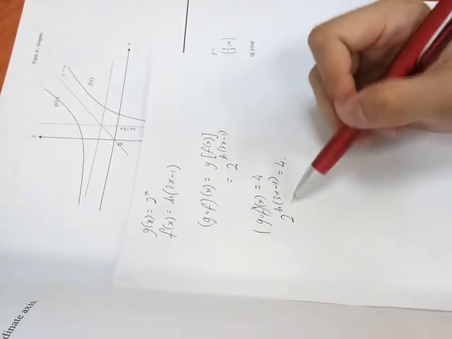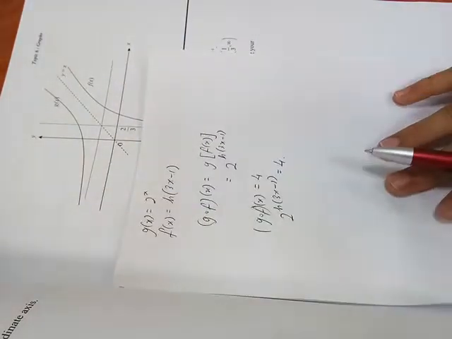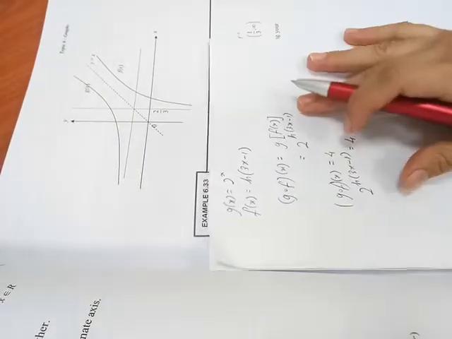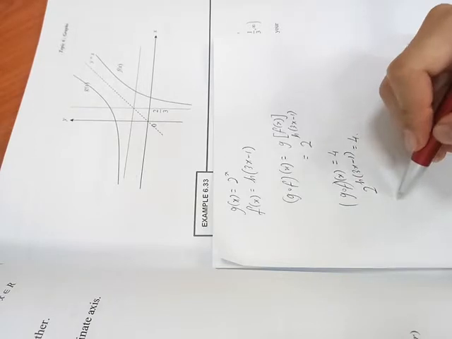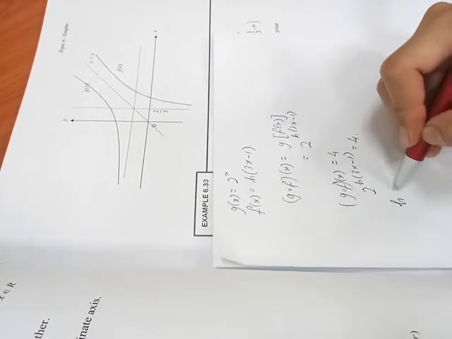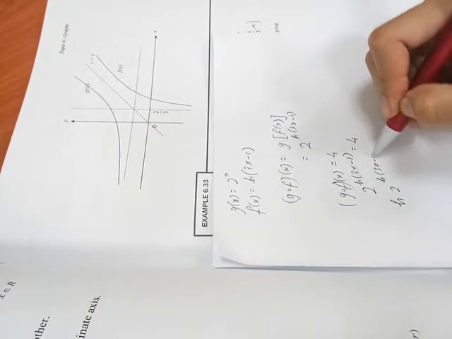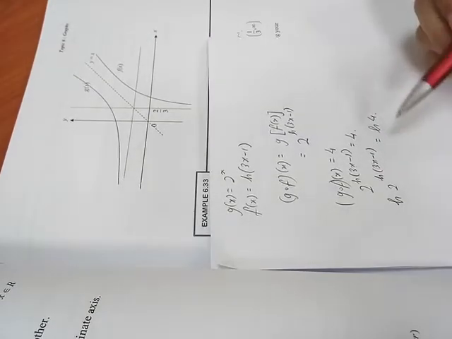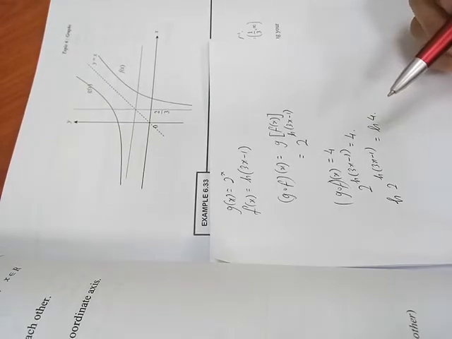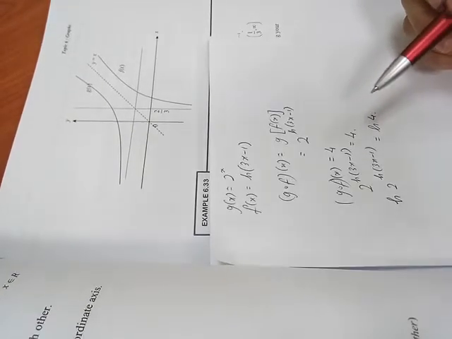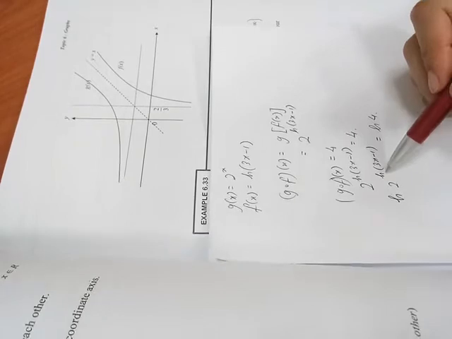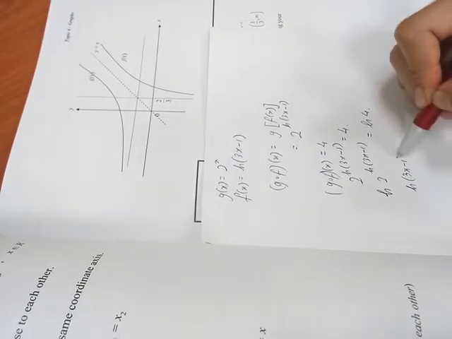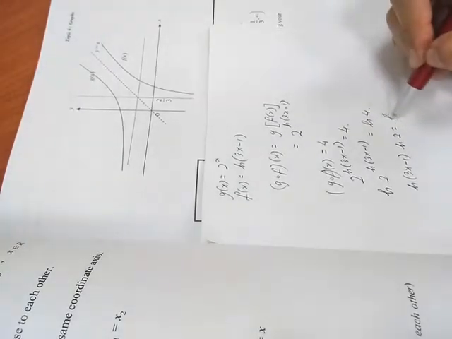So please think how to get the x value. In order to solve this one, we put ln on both sides: ln of 2 to the power of ln(3x - 1) equals ln 4. And then this power can be brought forward: ln(3x - 1) times ln 2 equals ln 4.